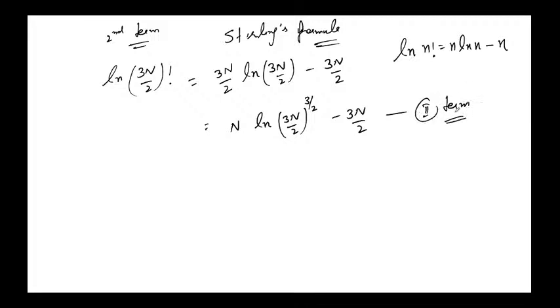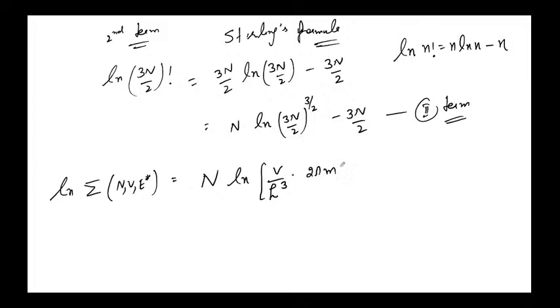Now put the values of the first term and second term. So the logarithmic value of our number of microstates, sigma, becomes n log of V over h cube into 2 pi me to the power 3 by 2.